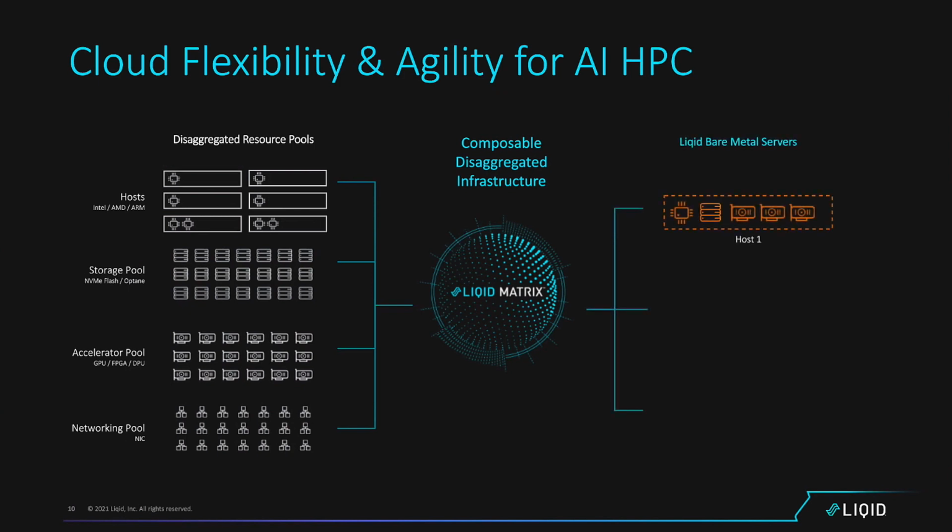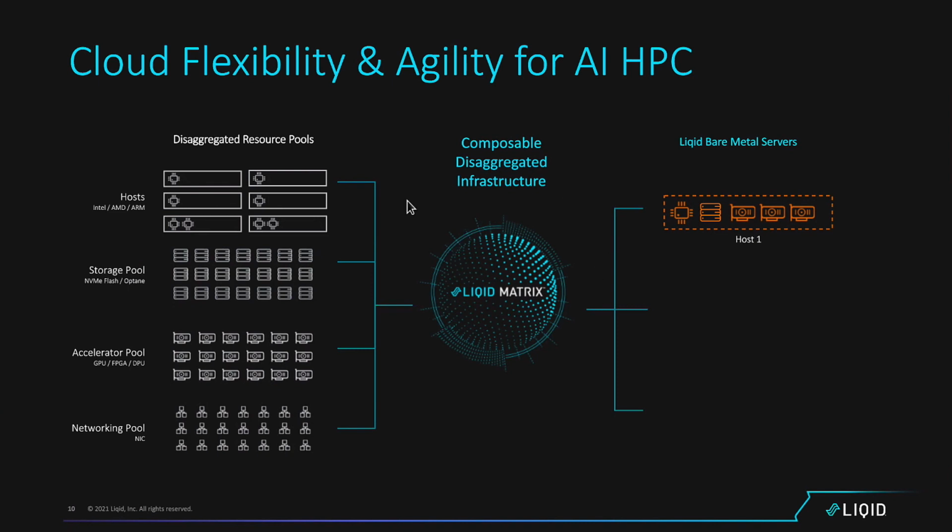So basically, the way it works is we have our pool of resources: the storage, the accelerators, basically co-processors, GPUs, FPGAs, DPUs, and then we have our HCAs, Connect X6s, Connect X5s, all that stuff.